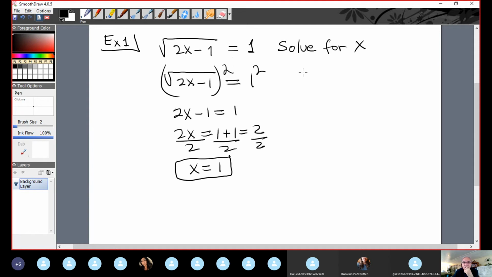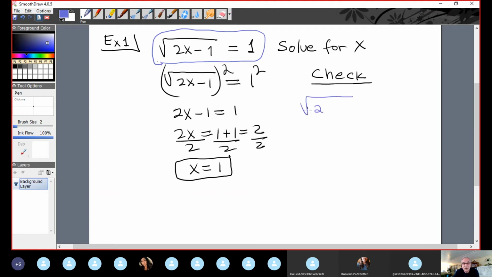Okay. Now the checking part. This is important, and the student forgot the checking part. The checking part is you take the original equation. This is the original equation. You copy again: square root of 2, but you replace x with 1, the solution I try to check.